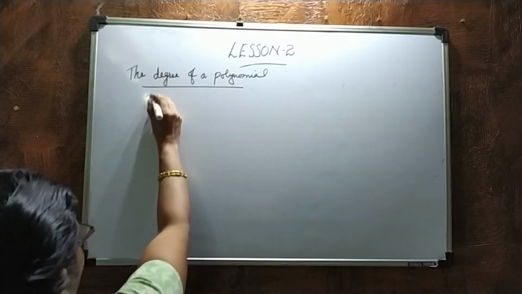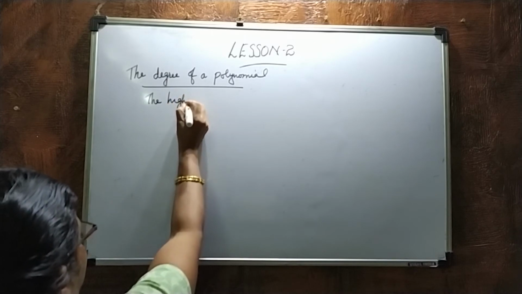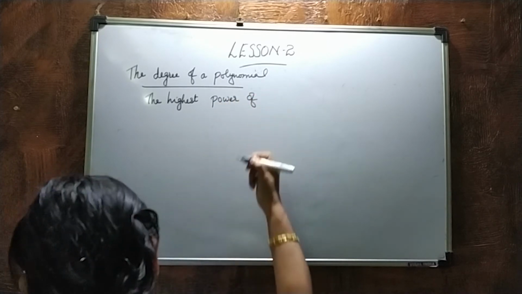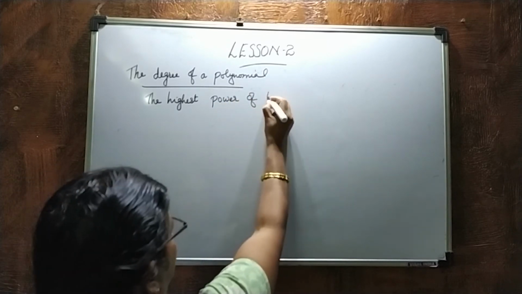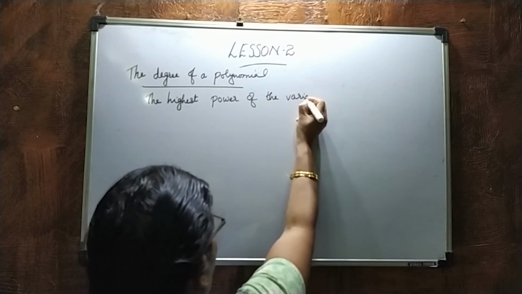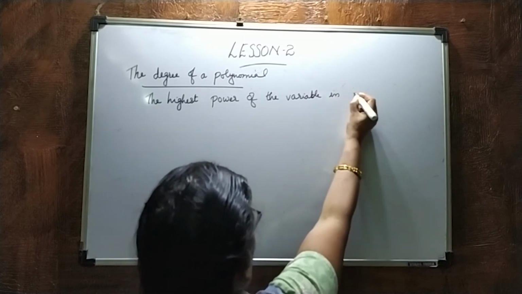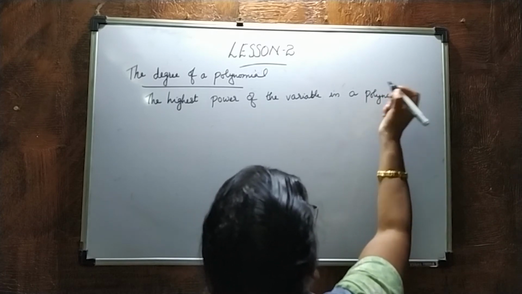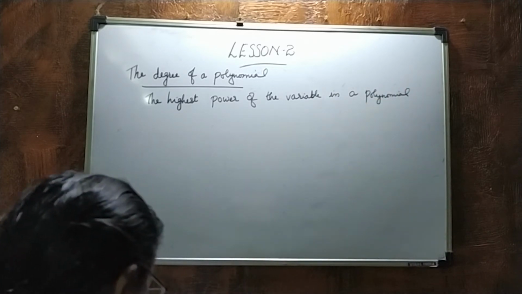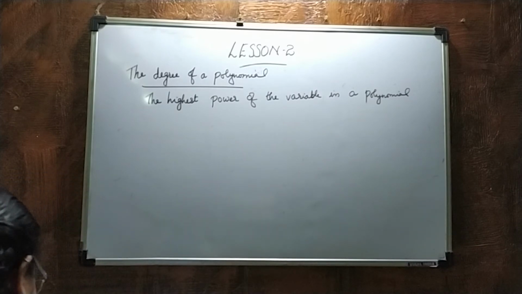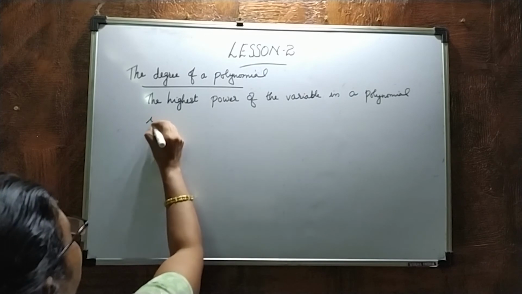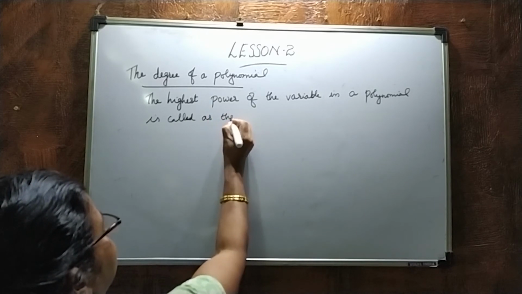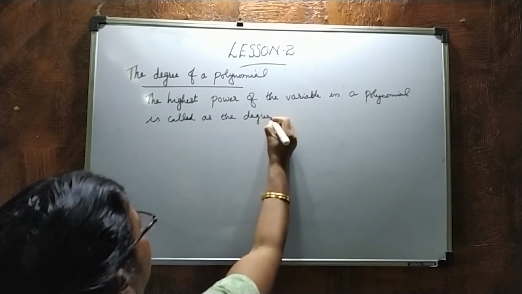The highest power of the variable in a polynomial is called the degree of the polynomial.